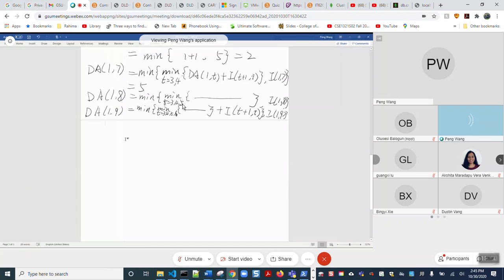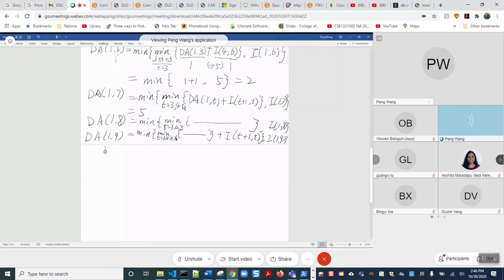Okay. Now let's move to the next page. Here we get this DA19. Following this formula, we have this median of 1t equal to 3. It's DA1 3 plus I 4 9.